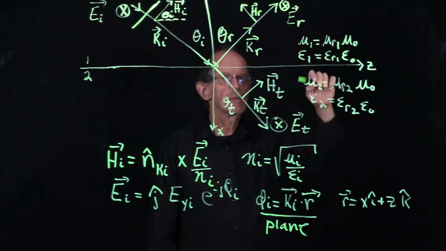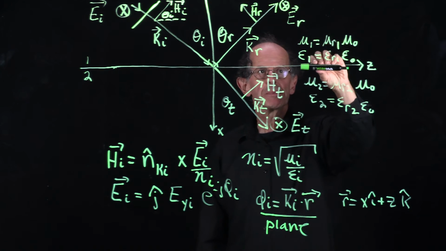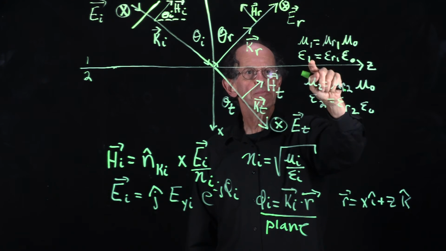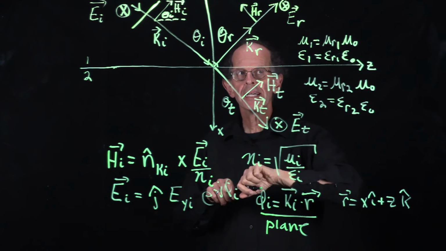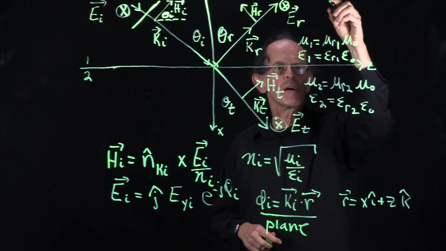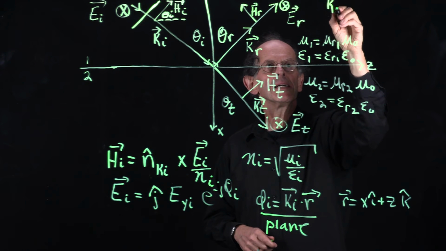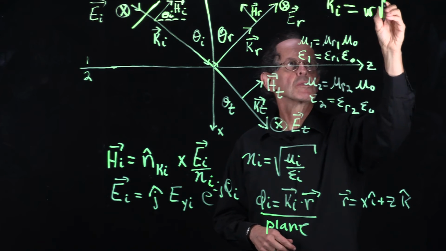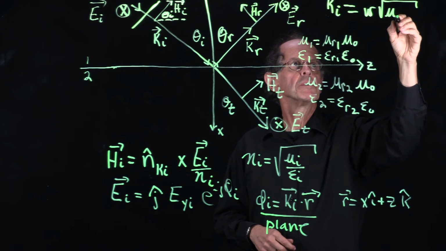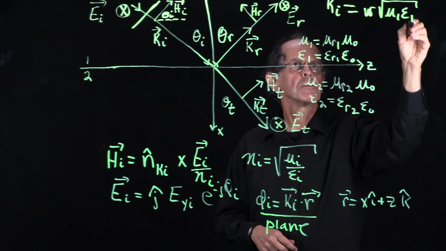We also have to look at the material properties, mu1 and epsilon 1 in medium 1, mu2 and epsilon 2 in medium 2, and we know what the k's are. So the magnitude of ki is equal to omega times the square root of mu1 epsilon 1.